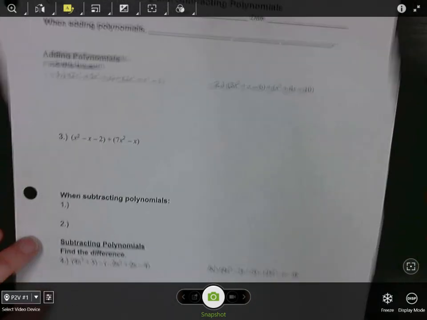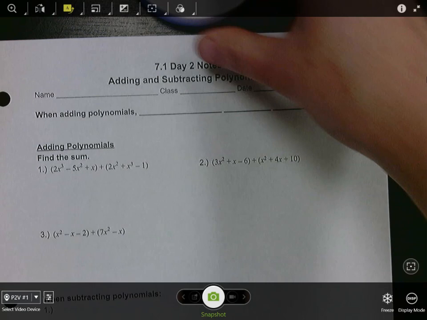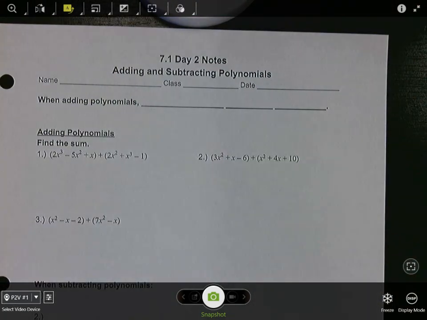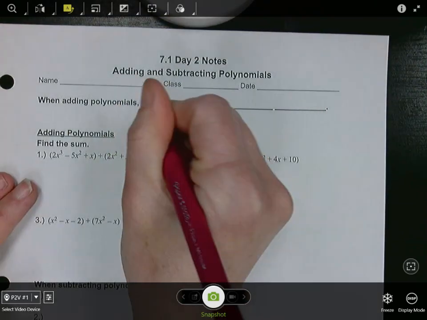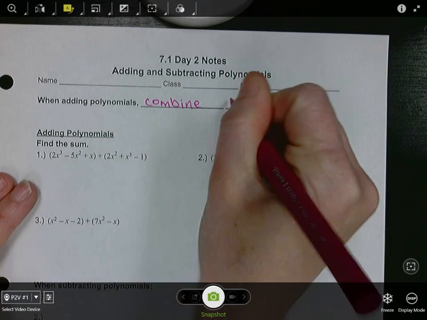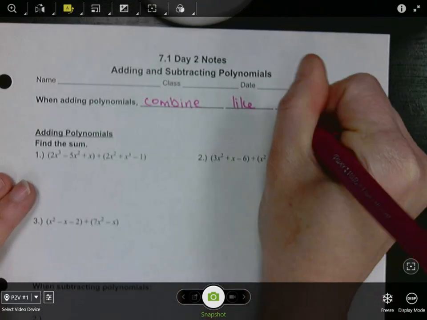So 7.1 day 2 is adding and subtracting polynomials. All right, so when adding polynomials, what you want to do is combine like terms.